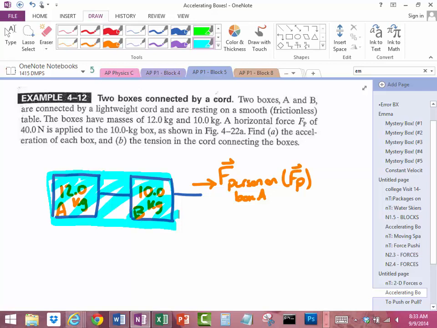I would start with an F net equation. It would be a very simple one, but start there every time. So do talk to me.